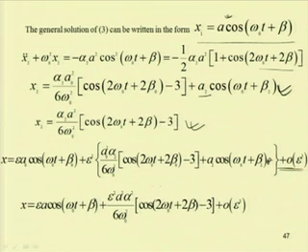Neglecting this order of epsilon cube, one can have this equation, or write the same equation in this form: equal to epsilon A cos(omega 0 t plus beta) plus epsilon square A square alpha 2 by 6 omega 0 square into cos(2 omega 0 t plus 2 beta) minus 3.